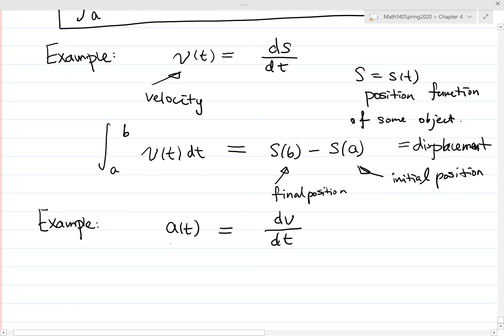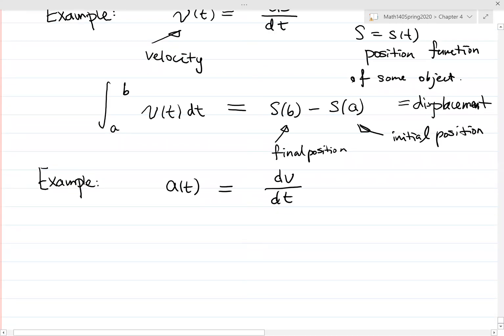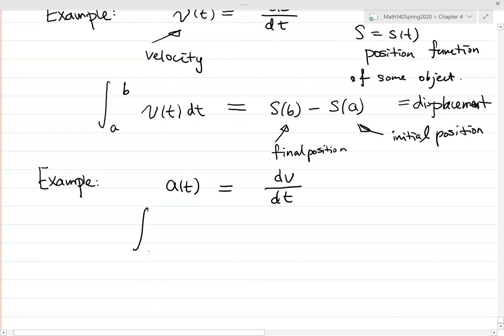So if we integrate the acceleration from t1 to t2, a(t) dt, then we get v(t2) minus v(t1).